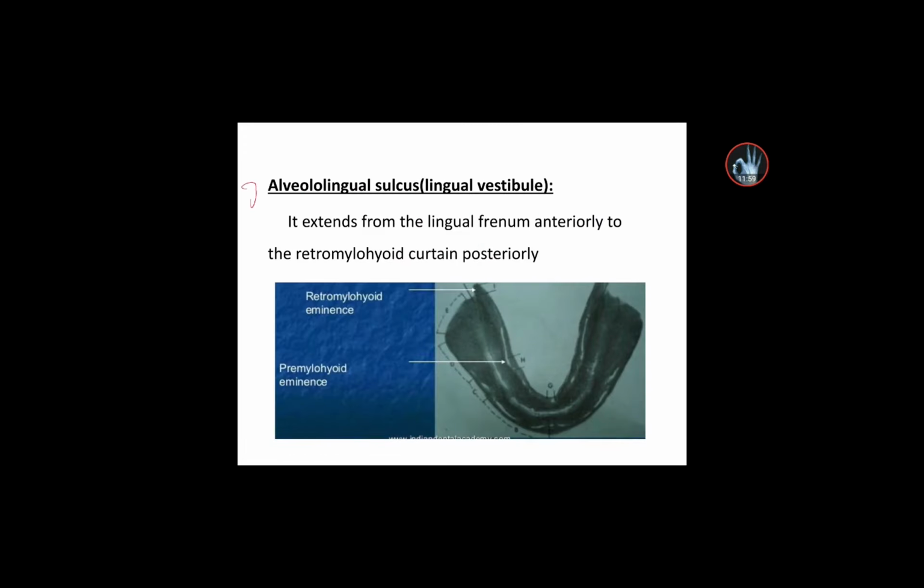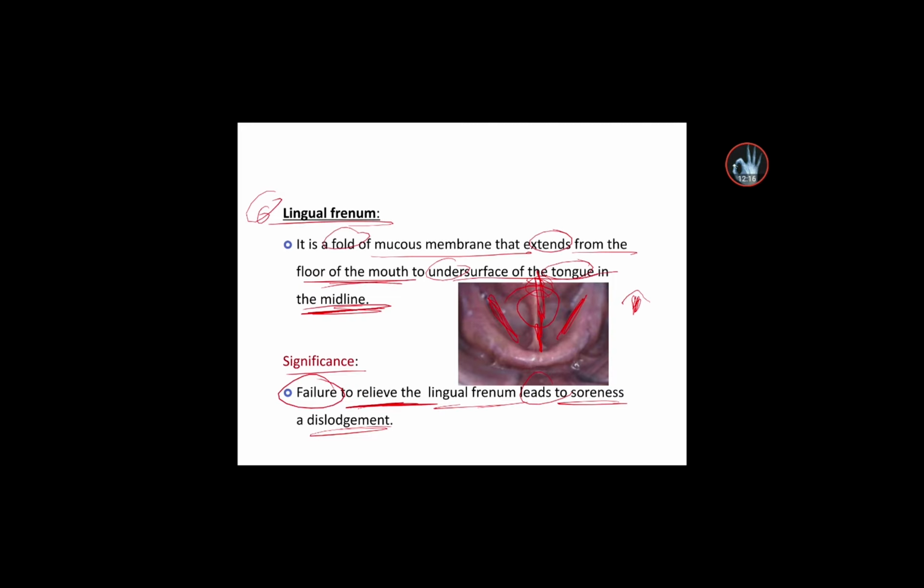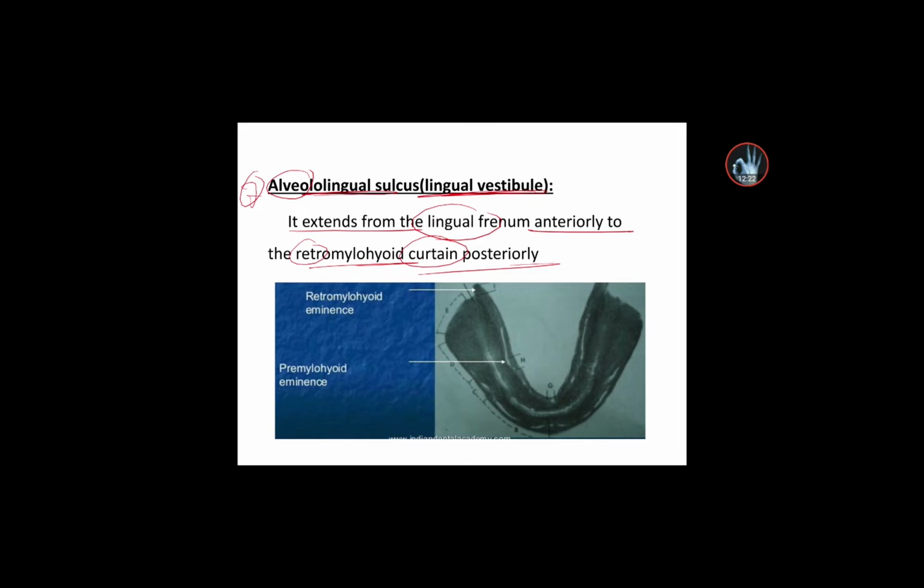So we have the 7th one, which is the last one: the alveolo-lingual sulcus or lingual vestibule. It extends from the lingual frenum anteriorly to the retromylohyoid curtains posteriorly. So if we draw it like this, this is the lingual frenum and it extends from here posteriorly to the mylohyoid or retromylohyoid.